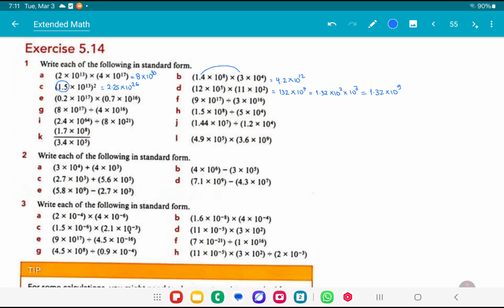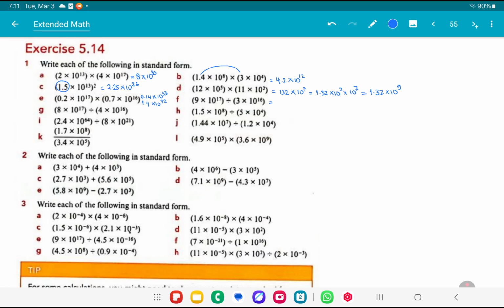0.2 multiplied by 0.7 equal to 0.14, and then 10 raised to the power of 17 plus 16, 10 raised to the power of 33, and we change it as 1.4 times 10 raised to the power of 32.